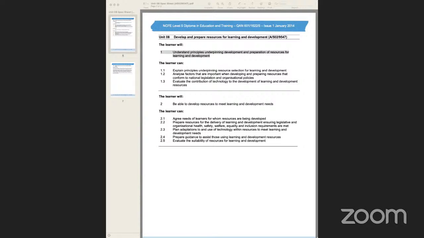I want to cover some part of it by looking at some of the theoretical frameworks which we can relate to from the point of view of the development of resources. Then we're going to look at various aspects of how we address the learner needs in developing these resources.